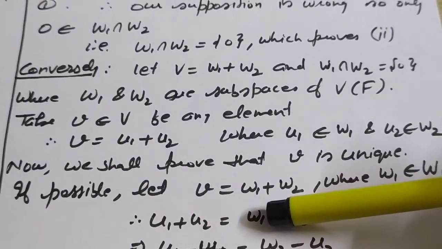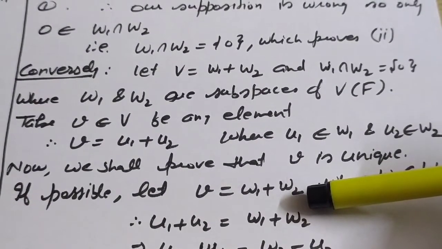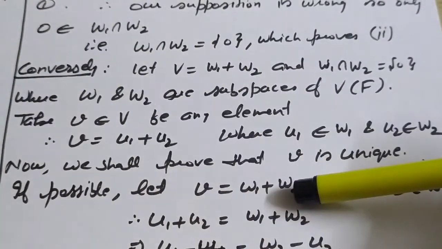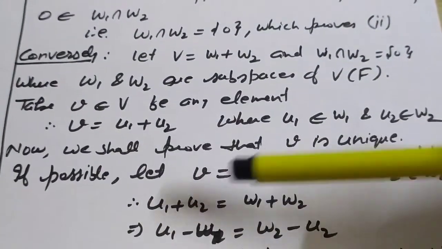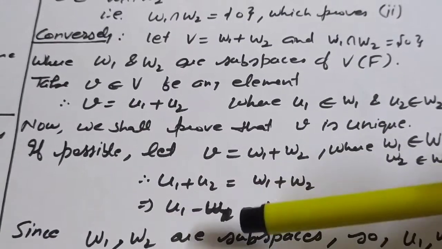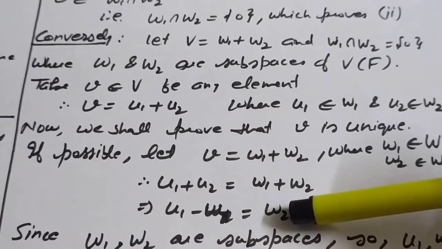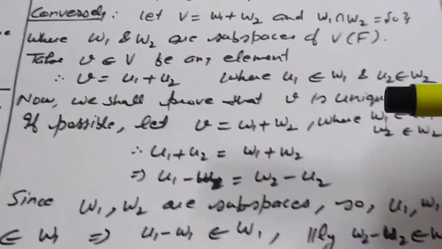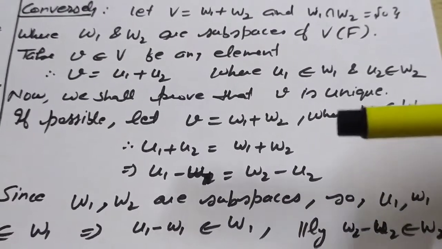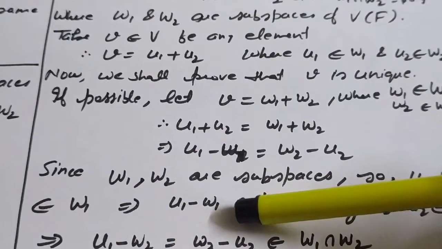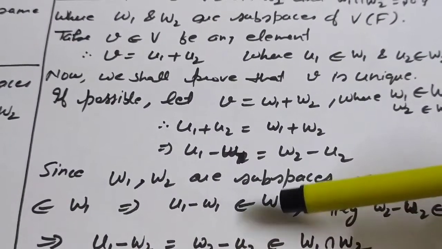Now v is equal to w1 plus w2, but v is also written as u1 plus u2. From these two equations, u1 plus u2 is equal to w1 plus w2. On rearranging, we get u1 minus w1 is equal to w2 minus u2. Since W1 and W2 are subspaces, if u1 and w1 belong to W1, then u1 minus w1 belongs to W1.